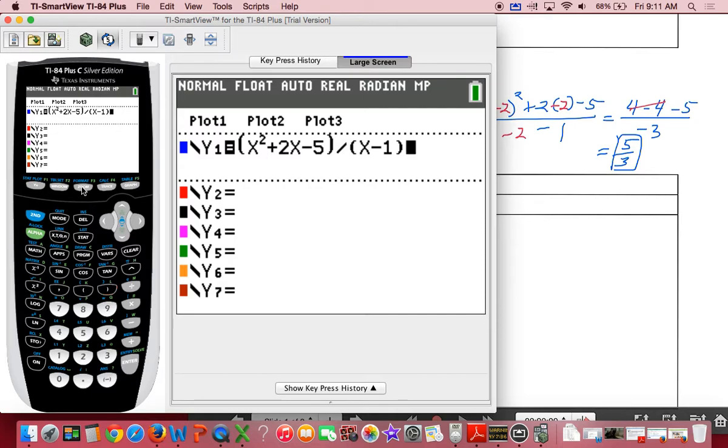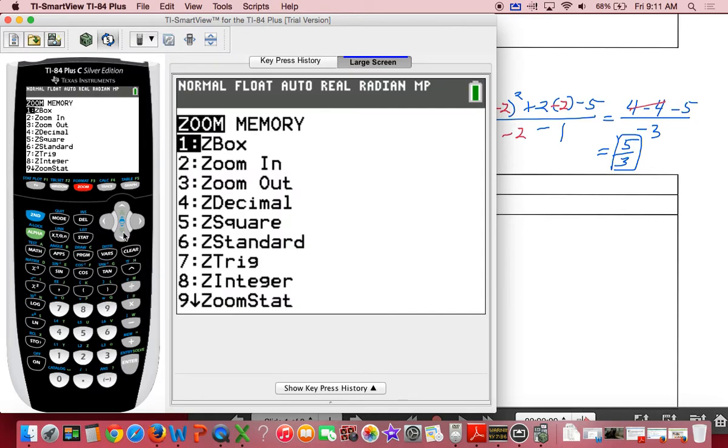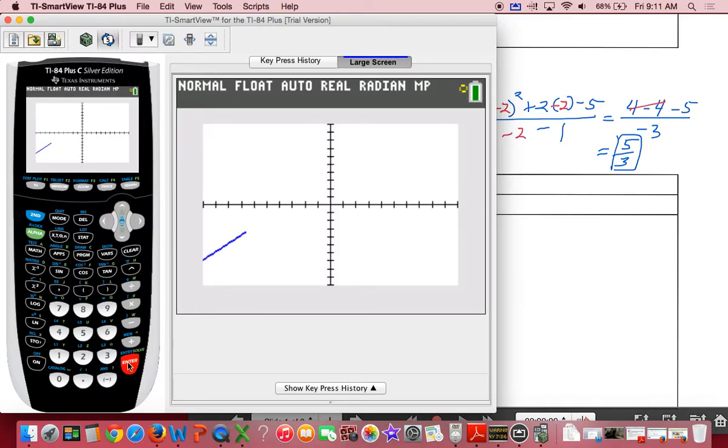And then go to Zoom Standard to get your graph back to where you want it to be.